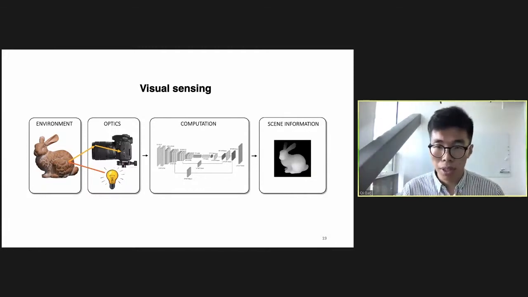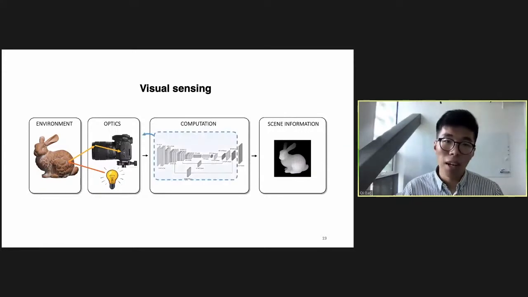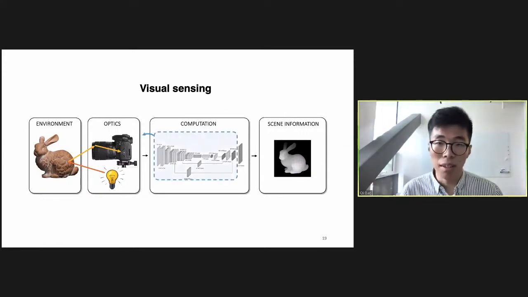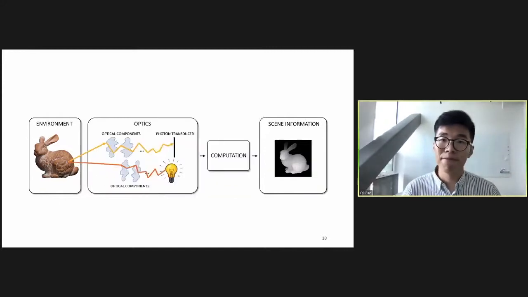A lot of computational photography people like myself are trying to migrate a large portion of computation to the optical acquisition, so that the optics act like an autoencoder. The photon transducer no longer receives an image, but a feature map. The digital computation starts from this feature map to recover scene information.